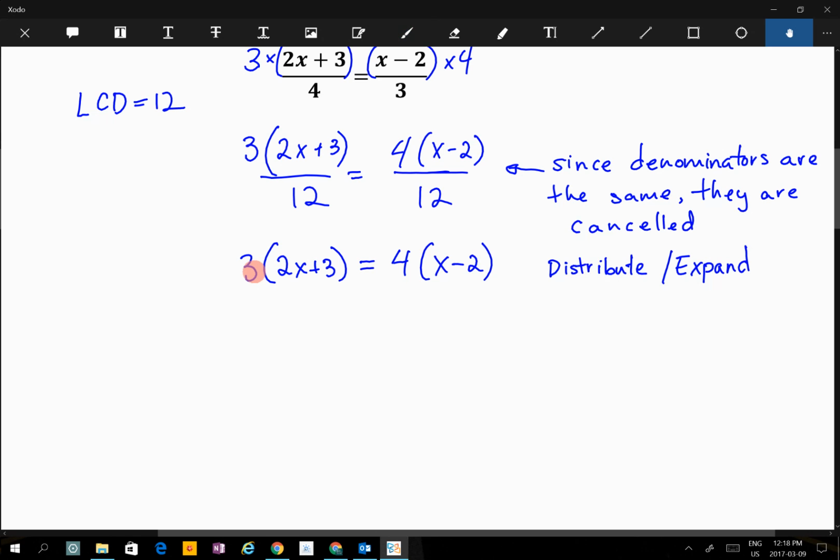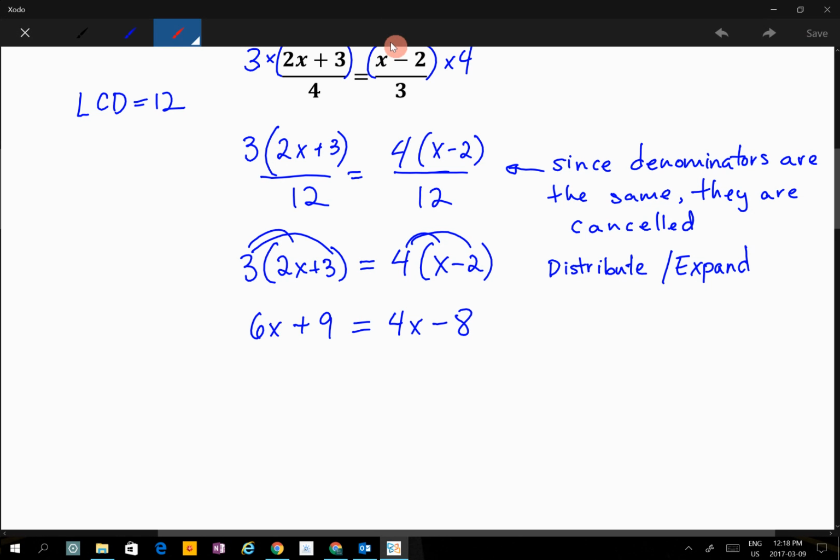Okay, so if I expand both the left side and the right side, I will get 3 times 2x, which is 6x, and 3 times 3, which is 9, so plus 9. And on the right side, I have 4 times x, which is 4x, and 4 times minus 2, which is minus 8. Okay, and now here is the situation where we have variables on both sides. So what I'm going to do is I'm going to subtract 4x from both sides.